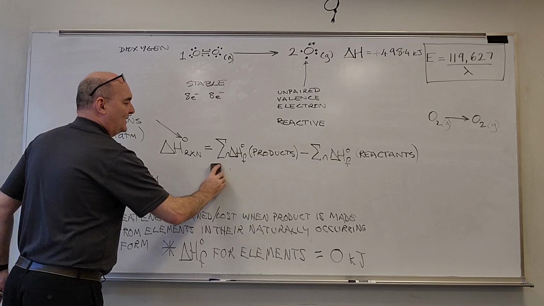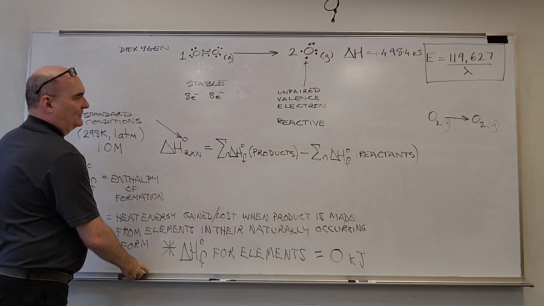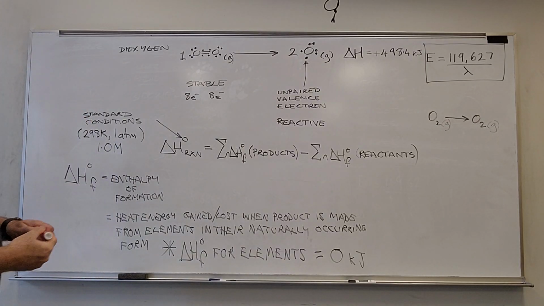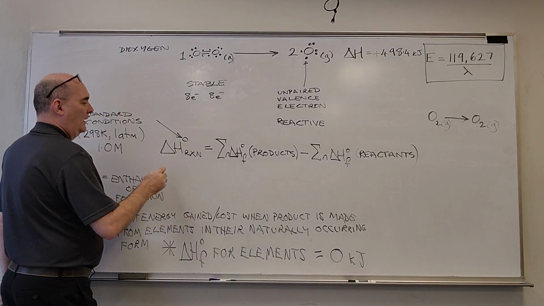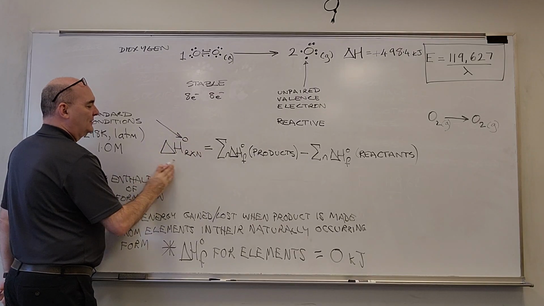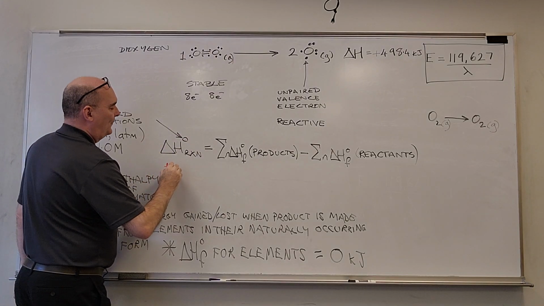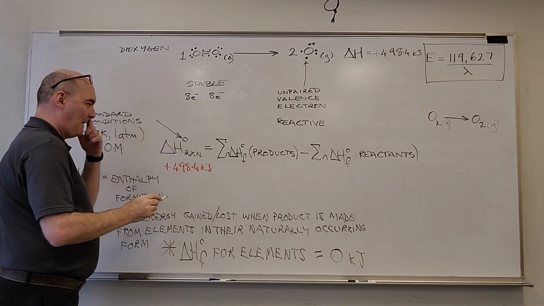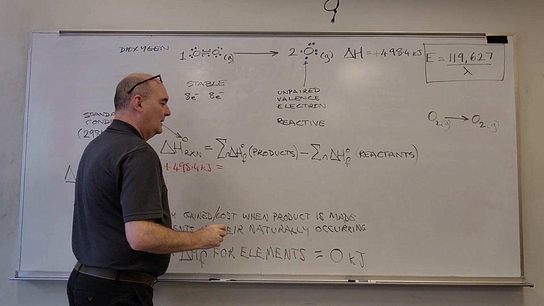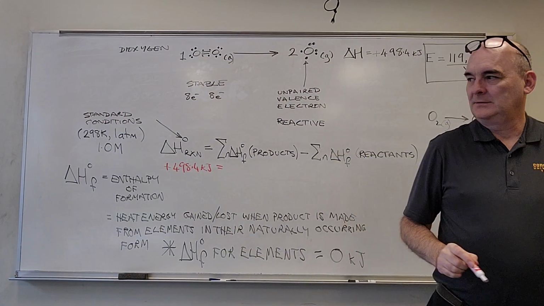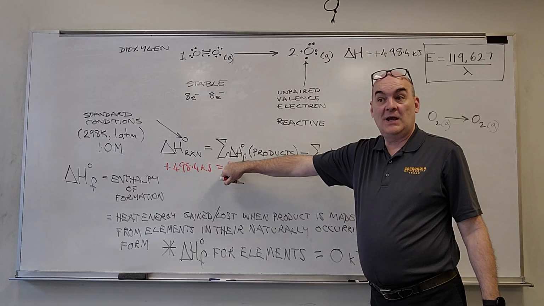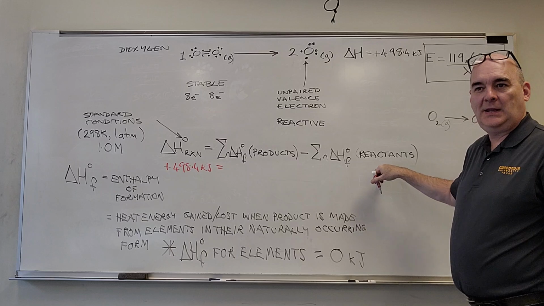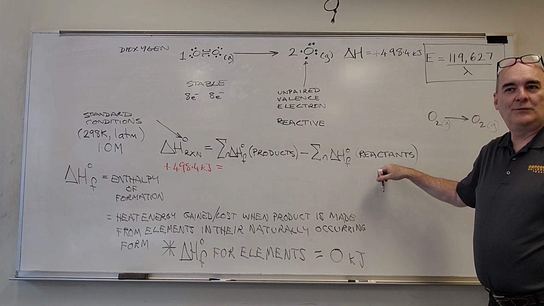So, that means, look at this. I need a tiny bit of space here. This means that if I look at this particular reaction, the enthalpy change for the reaction is 498.4 kilojoules. And it is equal to the enthalpy of formation of the products, got to multiply it by the number of times it appears, minus the enthalpy of formation of the reactants.